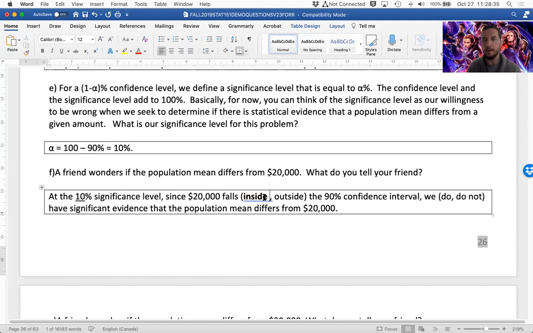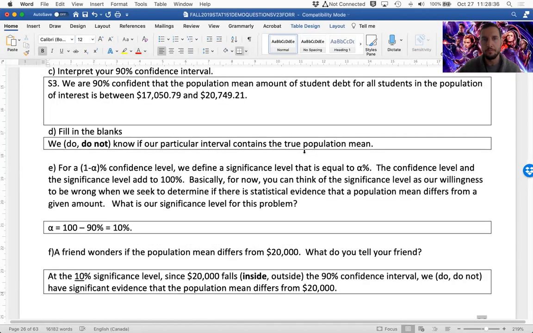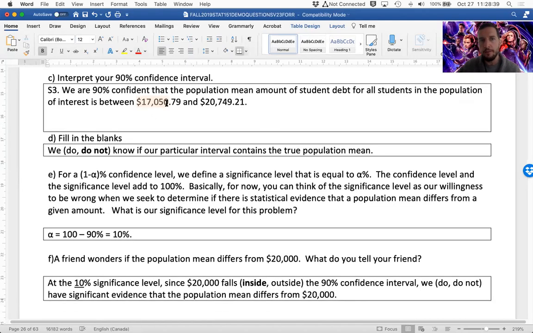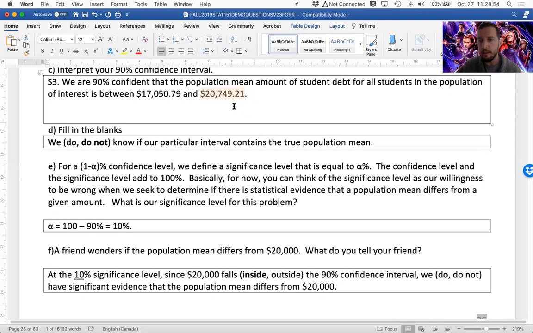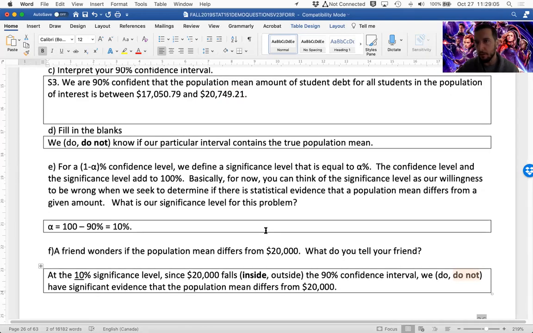If we look at the values of our confidence interval, we range from $17,050.79 to $20,749.21. So $20,000 falls within those two limits. Since it is within the limits, we do not have significant evidence that the mean differs from 20,000.